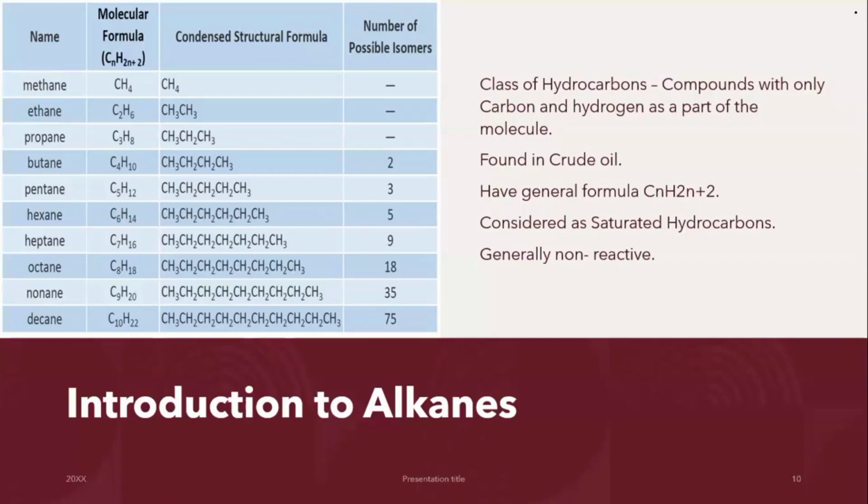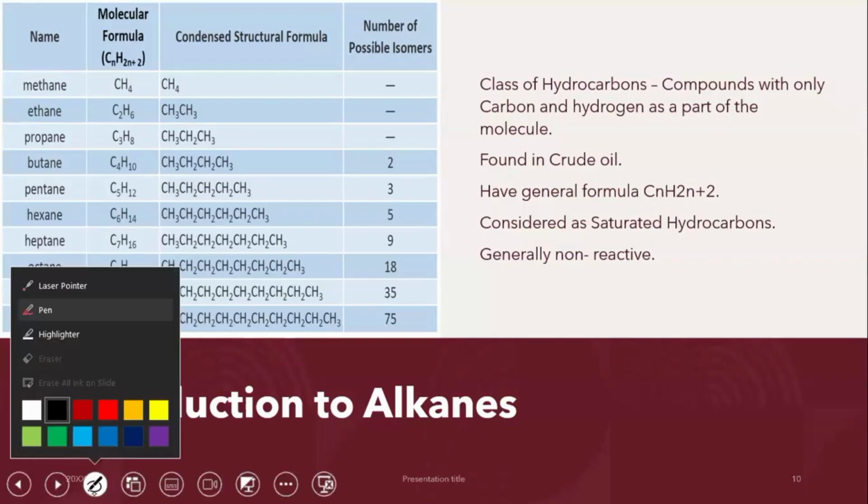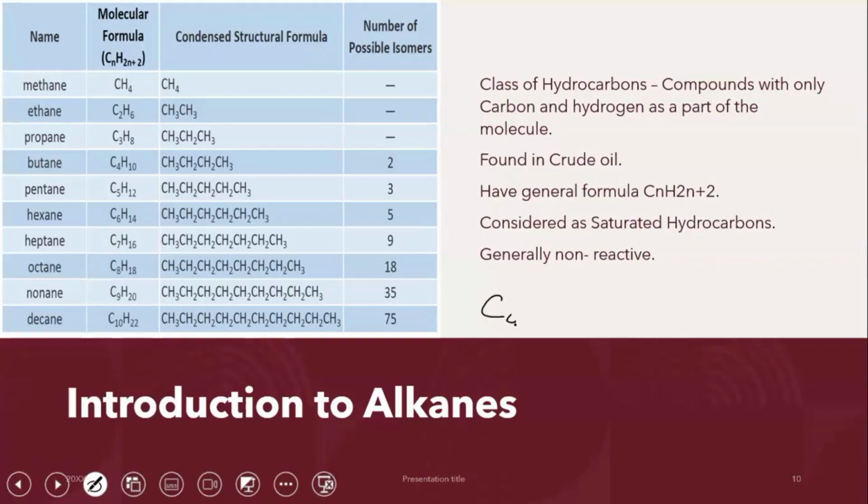these are found very naturally and very commonly in our crude oil, right? The general formula for our alkanes is CnH2n+2, where the n stands for the number of carbon atoms. So, for example, if I have 4 carbon atoms, my n stands for 4.